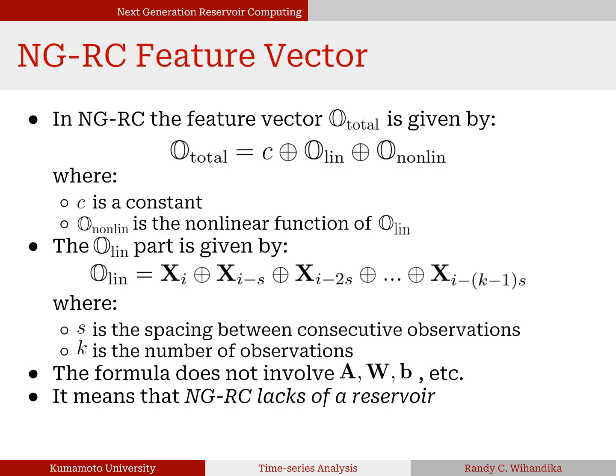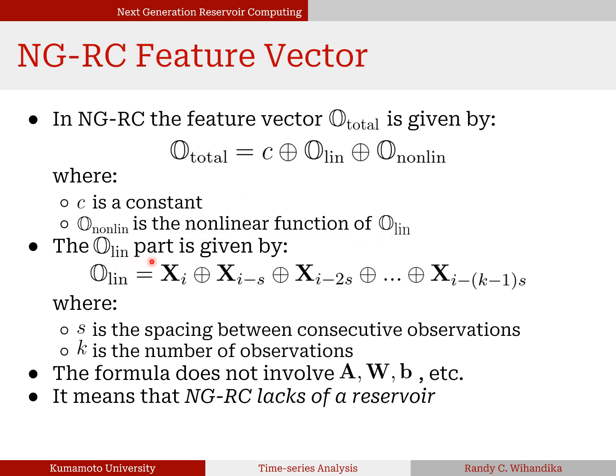While in NGRC, the feature vector, or O total, is given by C concatenated with O linear concatenated with O nonlinear. So there are three parts right here. C is a constant, and O linear is explained in the next point. And O nonlinear is the nonlinear function of O linear.